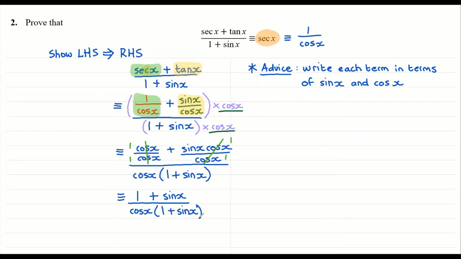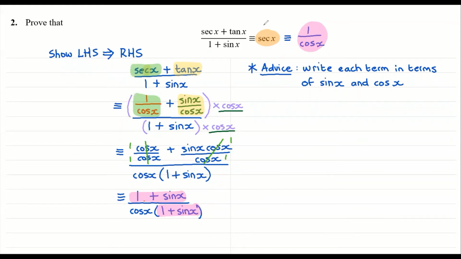Right, now, what do we notice here? Well, we want 1 over cos x. This is what we're aiming for. Okay, and we've almost got it, haven't we? Now, look what we have here. We've got the numerator and this factor in the denominator are identical. That means we can cancel both out.